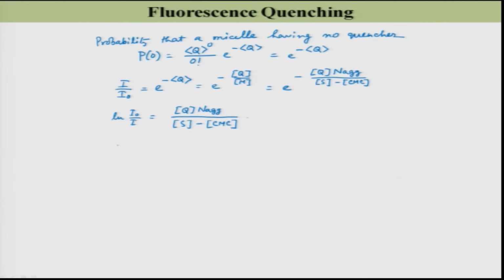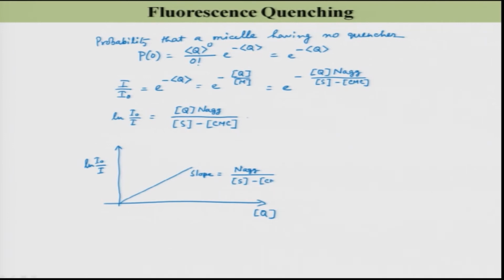Now, I can make a plot easily. I will plot ln I 0 by I, where I 0 and I are measured quantities. I 0 is the fluorescence intensity without quencher and I is with quencher. I plot ln I 0 by I versus q. Then this should be a straight line passing through the origin and the slope would be n aggregation divided by the concentration of the surfactant minus the CMC value.